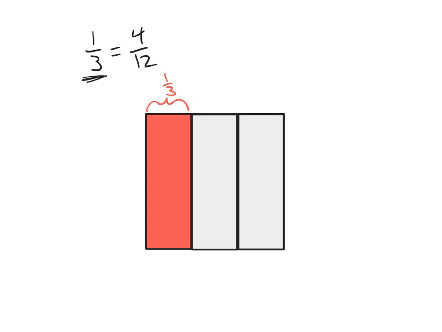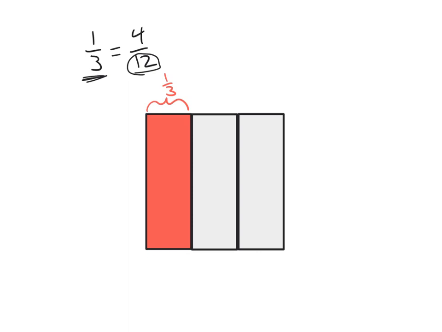And now I need to think to myself, how many horizontal lines do I need to draw in order to create 12 equal parts in my area model? If I see that I have 3 here, I'm actually going to need to create 3 separate straight lines here. So I'm going to try to do that as best I can.